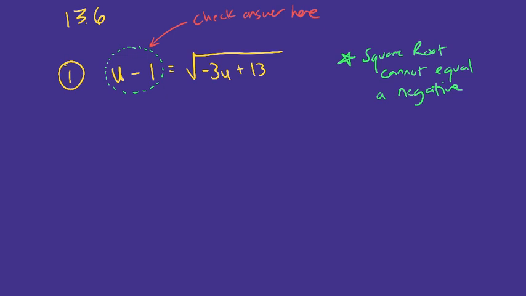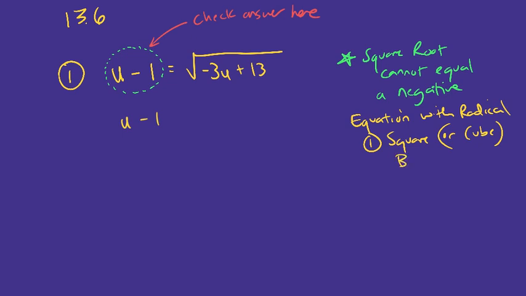Beyond that, if we've got an equation with a radical, we're going to first square or cube both sides. Square or cube both sides.